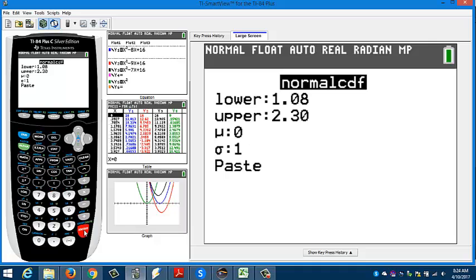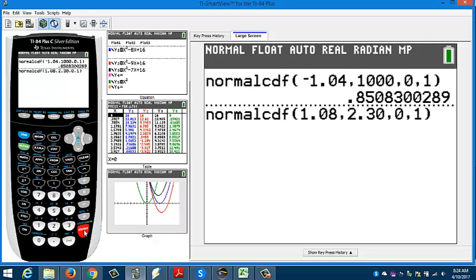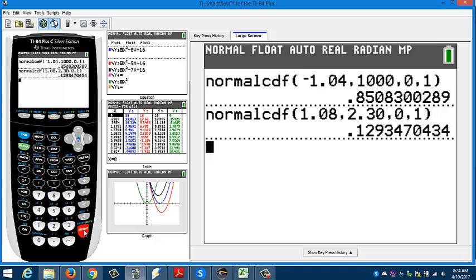We want to make sure that our mean is 0 and our standard deviation is 1. That's automatic. If they say standard, or if you're talking about z-scores, automatically we mean the mean is 0 and the standard deviation is 1. I'll paste that into the normal window. And it says, what's that probability or what's that area? 0.1293.